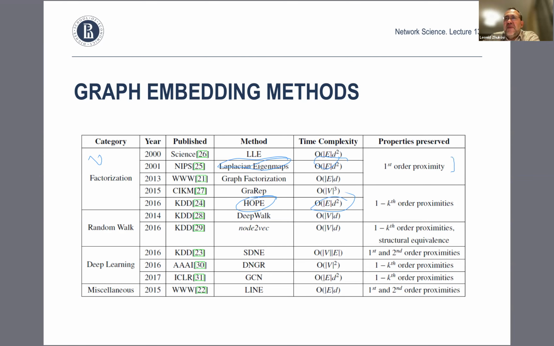Laplacian eigenmaps only look at first order proximity, which is nearest neighbors. Hope, on the other hand, can look at other similarity measures. We talked about DeepWalk and node2vec, also very similar algorithms in terms of their complexity.